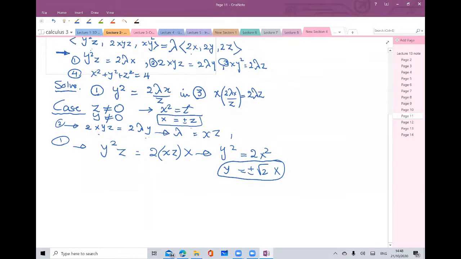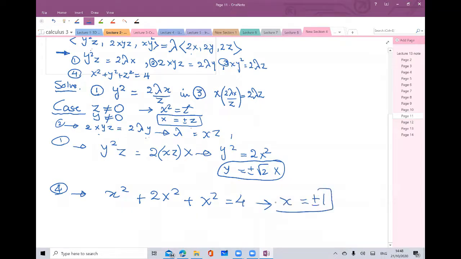I could put all this in equation 4. I'm going to end up with x squared plus y squared, which is 2x squared, plus z squared, which is x squared, equals 4. So x is plus or minus 1.